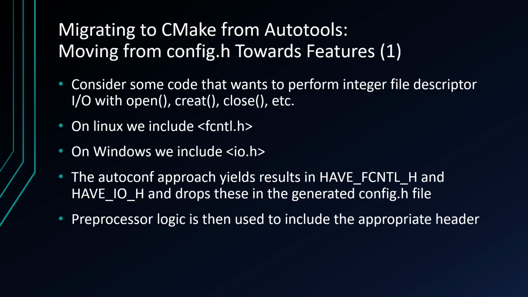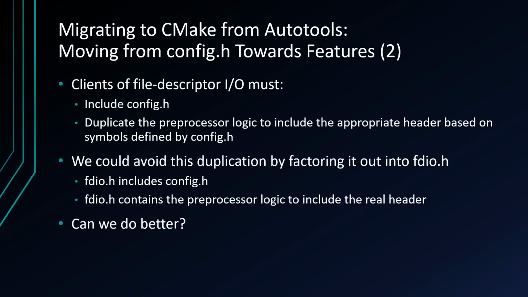You end up with that little snippet repeated, and you have to #include config.h before those ifdefs. That logic ends up repeated in every client file that wants to do file descriptor IO. So as I said, they have to include config.h, and they have to duplicate that preprocessor logic.